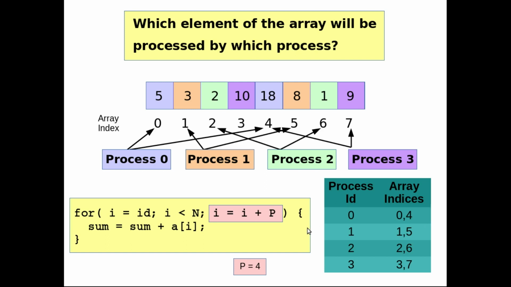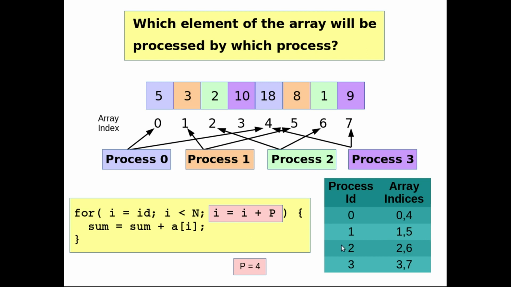For process 1, its ID is 1, so we will start at i equal to 1 and we will go to 1 plus 4, which is 5. So 1, 5, then 5 plus 4 is 9. So 1, 5, 9, 13, 17 and so on.